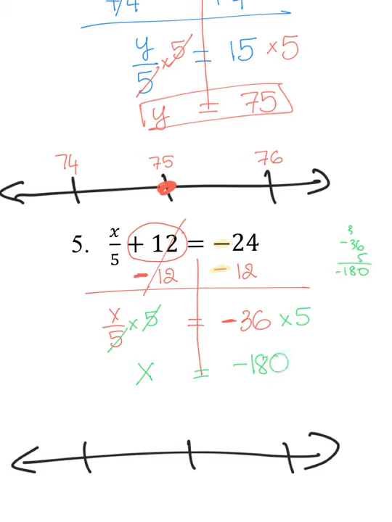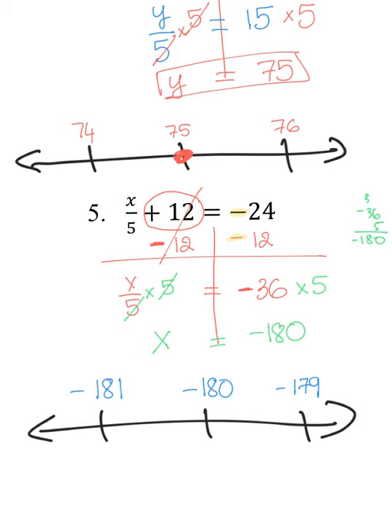And I graph it. Okay, what is the number that is greater than negative 180? Negative 179. What is the number that's smaller than negative 180? Negative 181. And I'm going to shade it. So I'm going to shade the circle at negative 180.